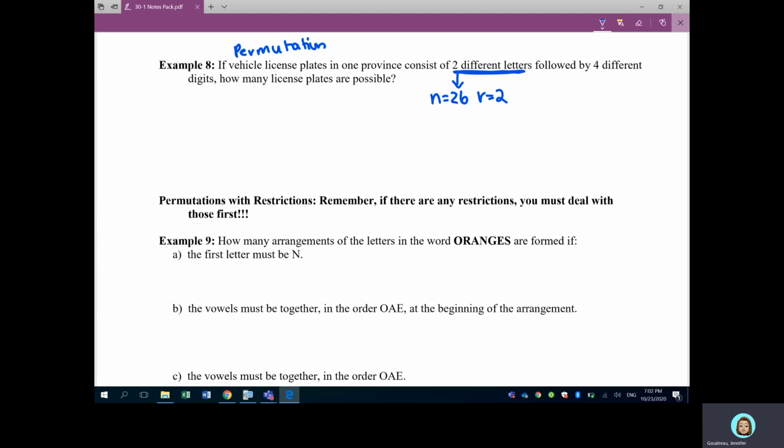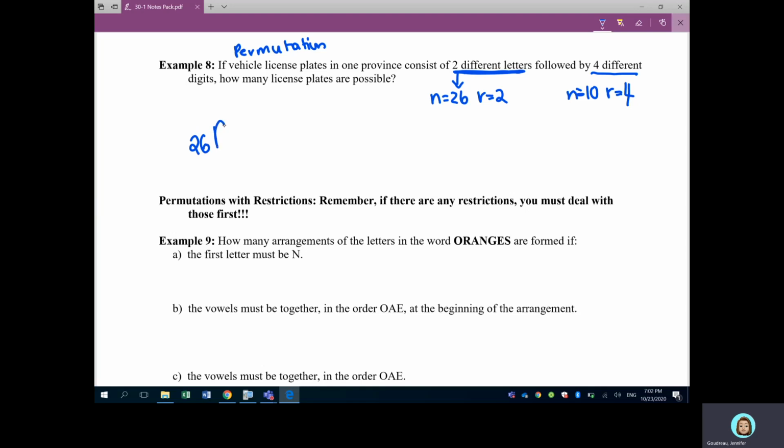Then it's followed by 4 different digits. We know that we have 10 digits from which to choose, but we are only going to be arranging them 4 at a time for this problem. Okay, so we're dealing with permutations. We know our n's and r's. So let's go ahead and write down our formula.